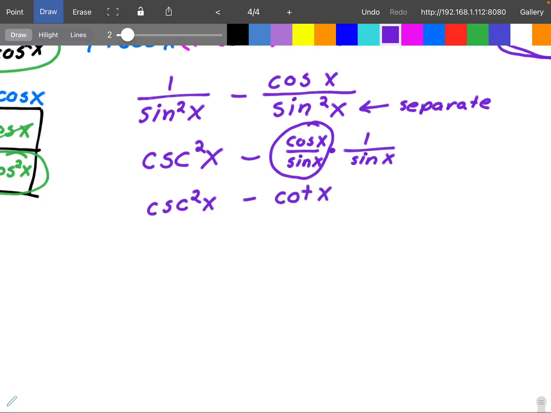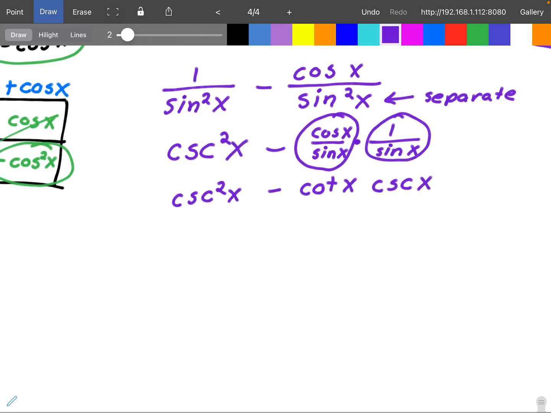So I can write that as cotangent x. And then 1 over sine x is the same thing as cosecant x. And there we go. So we have rewritten this to where there are no longer fractions.